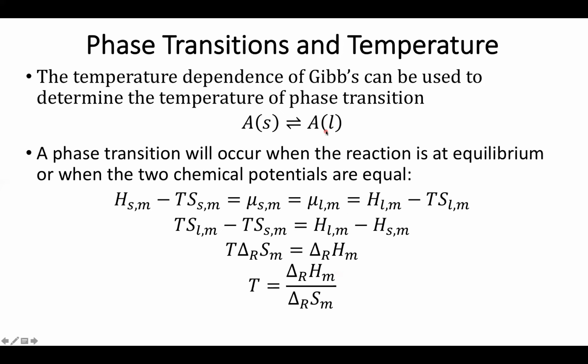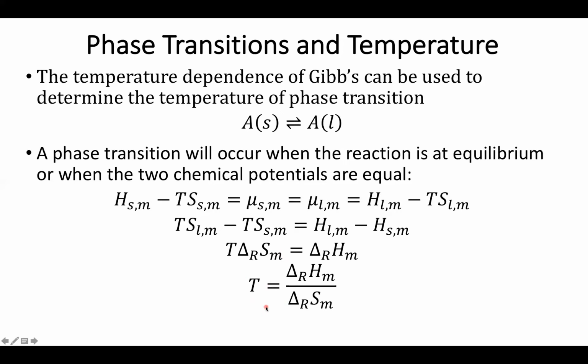So as long as these two have the same sign, it gives us a positive temperature of transition. If you ever end up with a reaction where the signs do not agree, you will notice that this will give you a negative temperature, indicating that this can't happen.